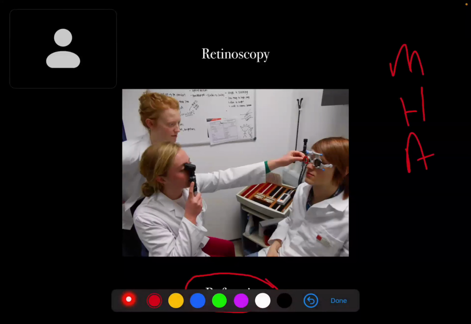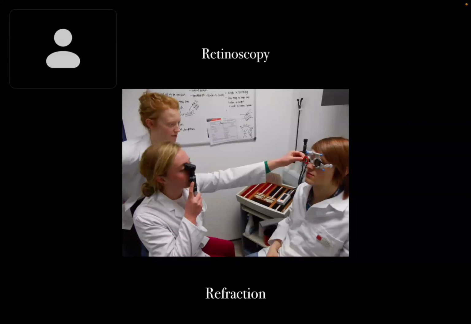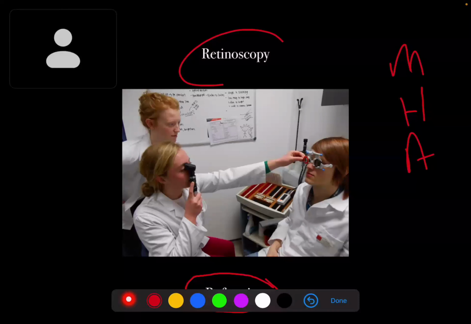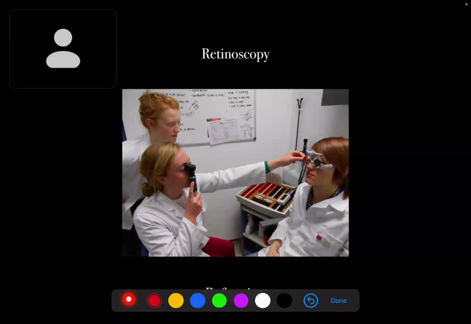In refraction, you try to measure the error objectively by using a small instrument like an ophthalmoscope. It's called retinoscopy, and you can find out whether the patient is myopic, hypermetropic, or astigmatic. That will give you an idea of the objective, real, true error.